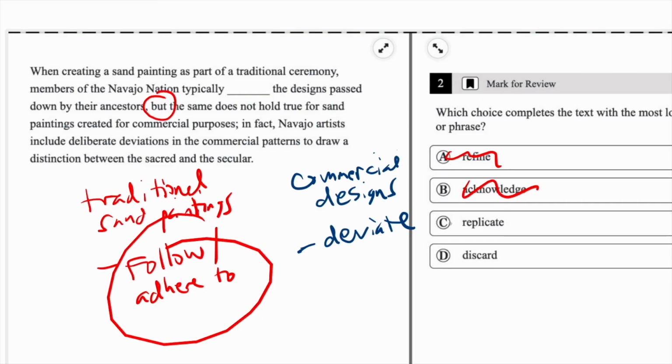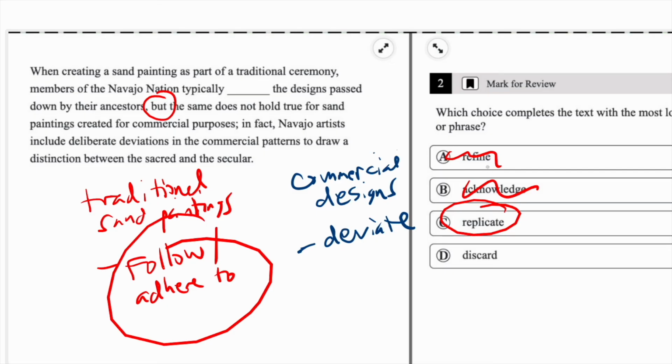Replicate, on the other hand, actually goes a little farther than I would have anticipated with these words, but it works. If you replicate a design, you don't deviate from it. So this is an example of how you can come up with an approximate answer, and it can still lead you to a correct answer that is not exactly the same, but it's still close enough.